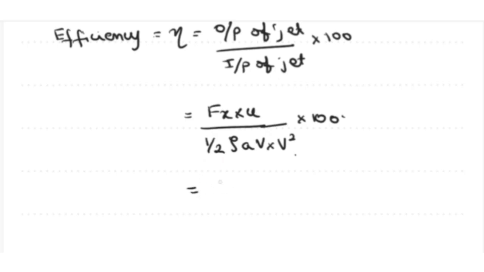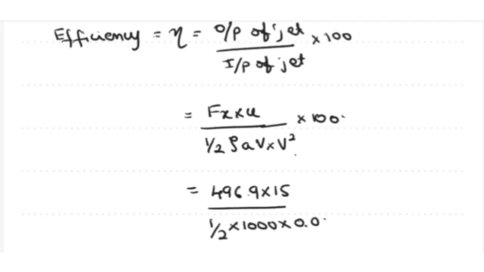Fx is 496.9 into U is 15, divided by half into rho is 1000, A is 0.00417, into V into V square, which is V cube, or we substitute 30 cube, into 100.